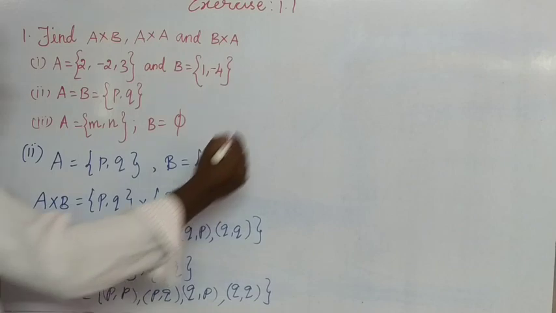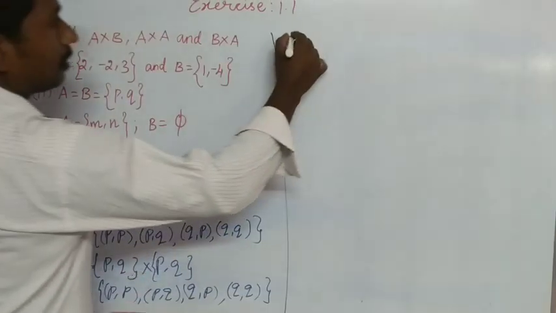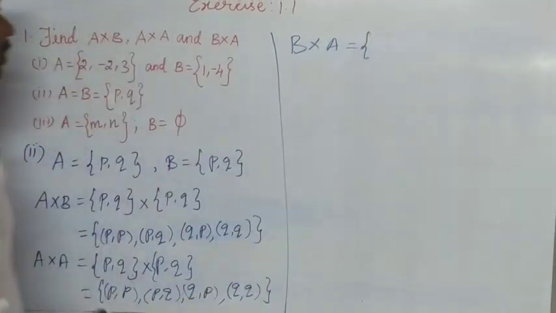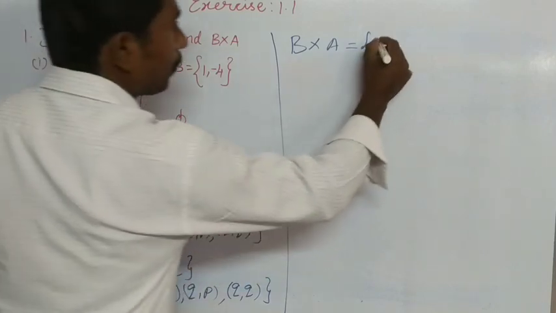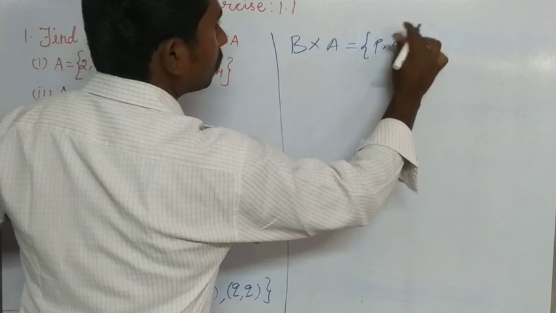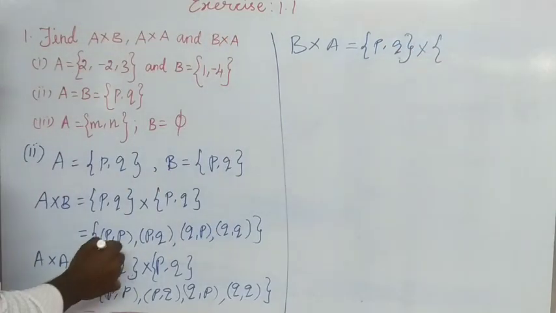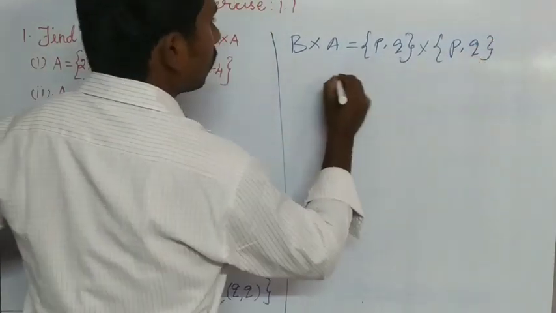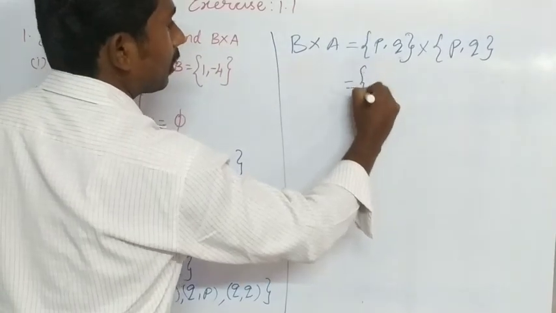Then we have to find the B cross A. It also will be the same because both are the same sets. Both the sets are having the same elements. So what is B? B is nothing but {P, Q}. So {P, Q} cross elements of B also {P, Q} is equal to, now we have to make the Cartesian product.